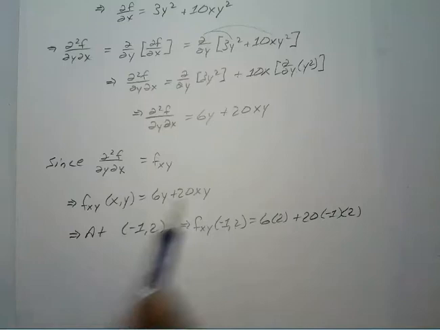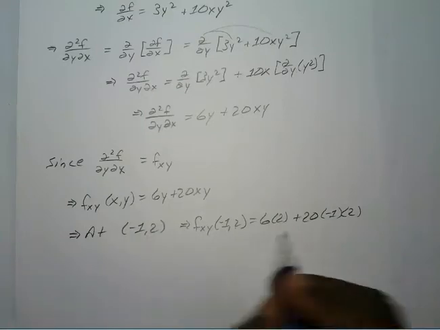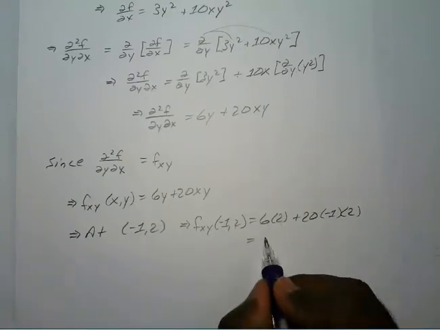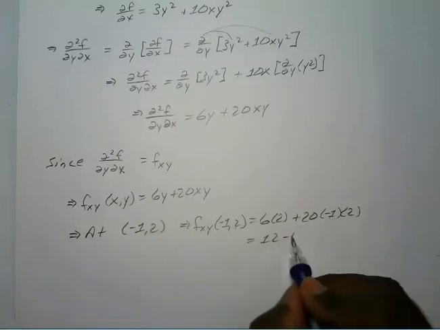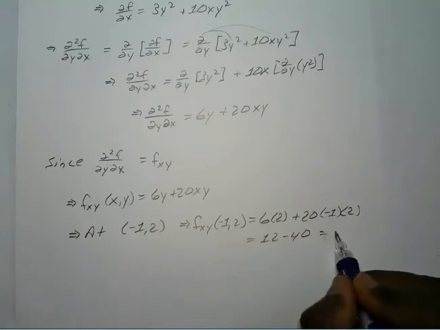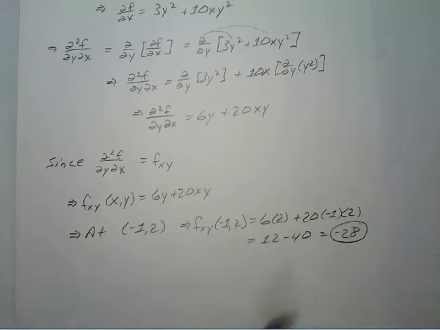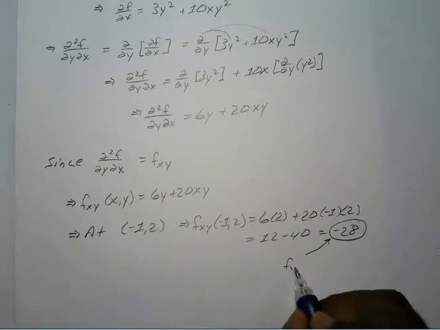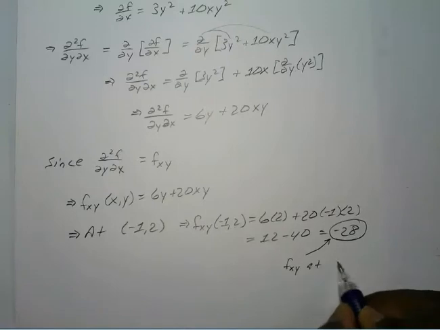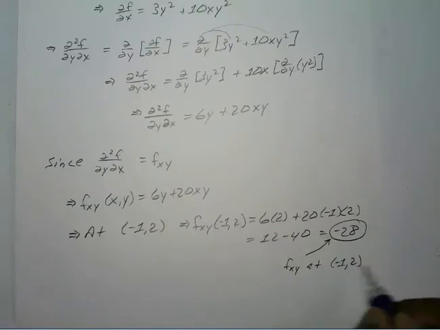So we just replace all our variables there. That's equal to 12, and 20 times 2 is 40, so that's minus 40, which is equal to -28. So that's the partial with respect to x then y at the point -1, 2.